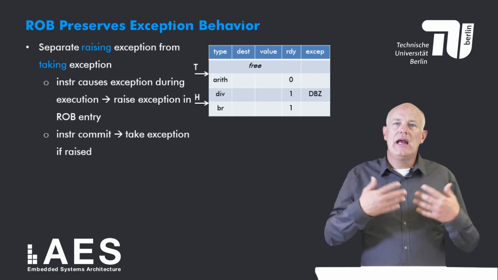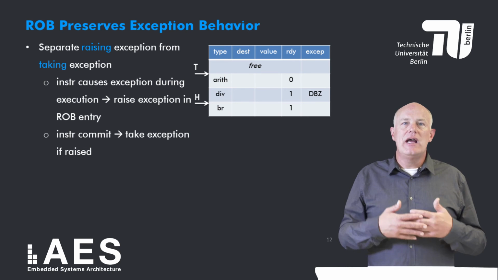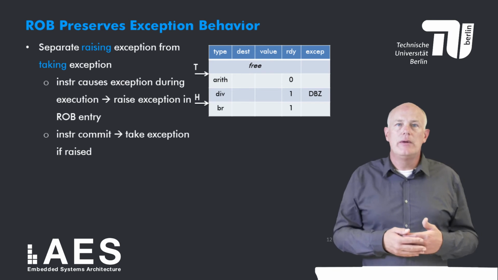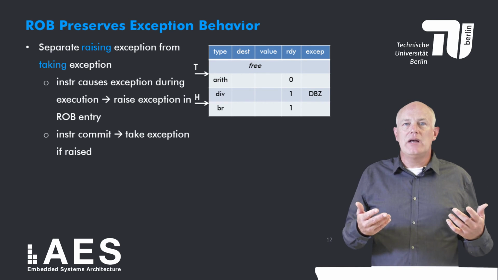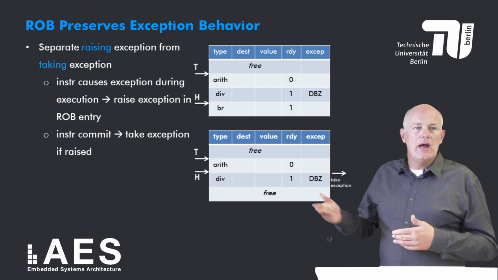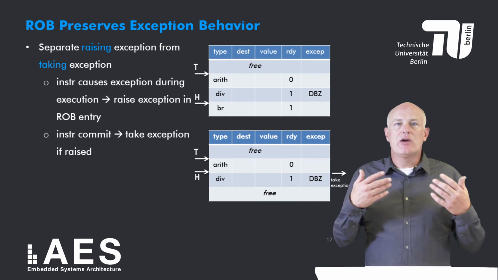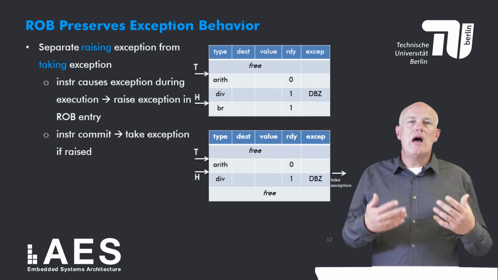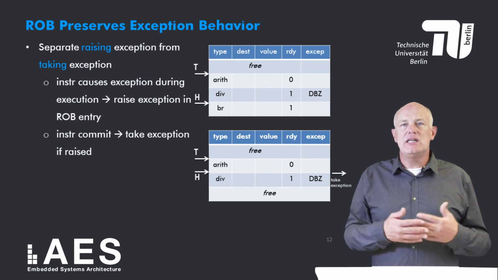Here's an example. In this example, the divide instruction has raised the division by 0 exception as indicated in the ROB. The divide is still speculative, however, since the branch at the head of the ROB has not committed yet. If the branch commits and has been correctly predicted, the head pointer will point to the divide instruction. Now the divide commits and the exception is taken.